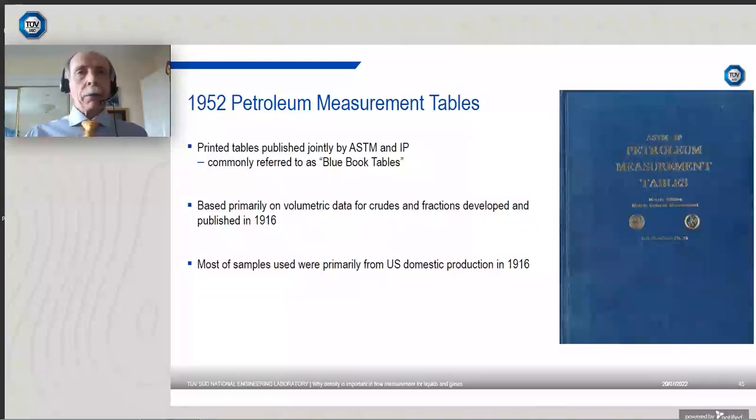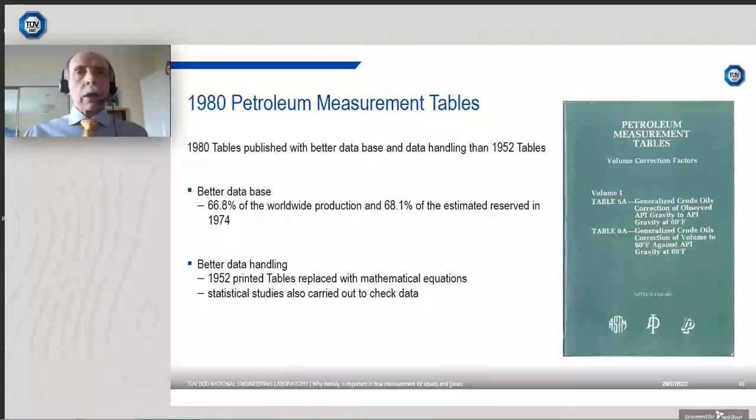And at that point, most of the samples that were used for developing the corrections were based on US domestic production in 1916. The 1980 tables had better base data and data handling than the 52 tables, a better database at that point representing somewhere about 65 to 70% of the estimated reserves in 1974. So still a bit of a time lag between the data and the publication.